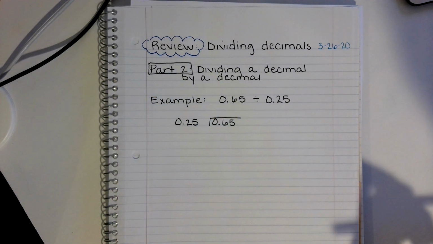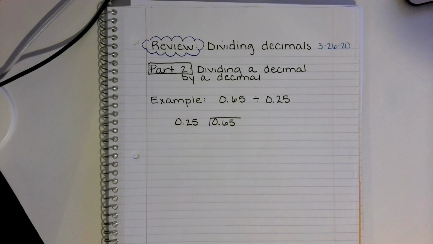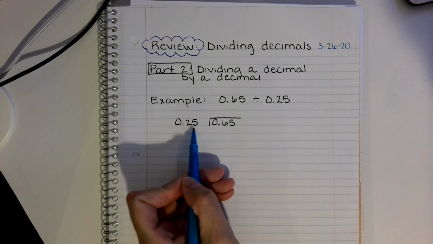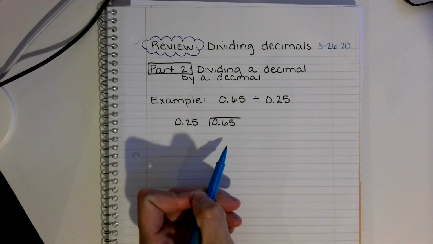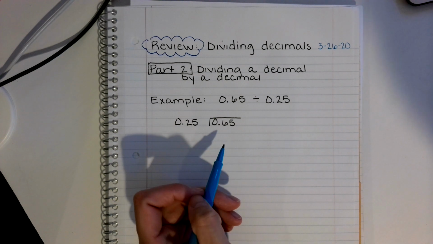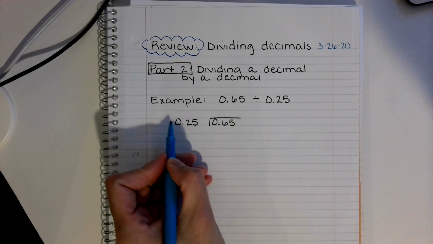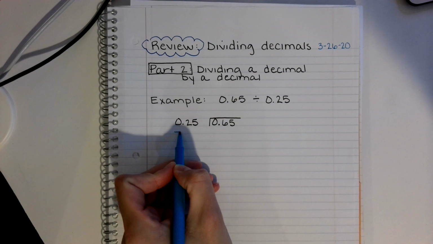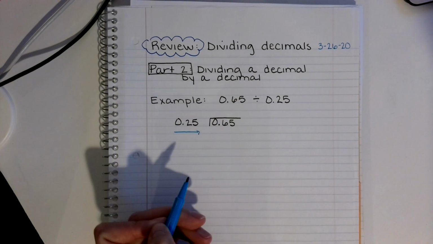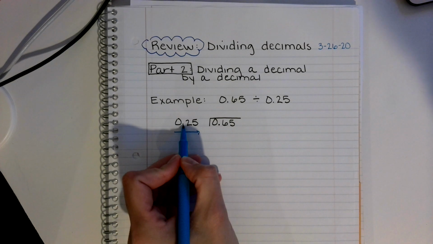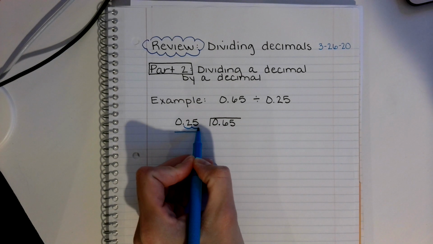Okay, so when you have a decimal as your divisor, you are going to change this to a whole number. It'll make it a whole lot easier to divide. So you're going to move this decimal over to the right until it's a whole number. So you're going to move it over 1, 2 times.